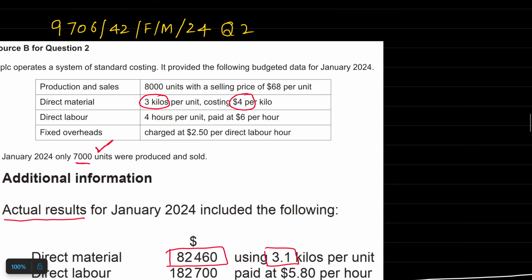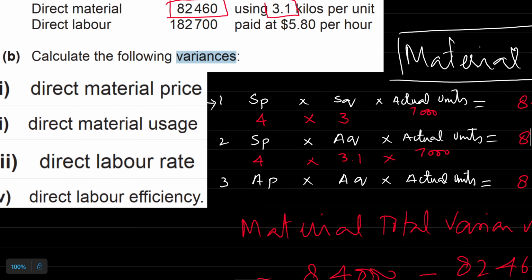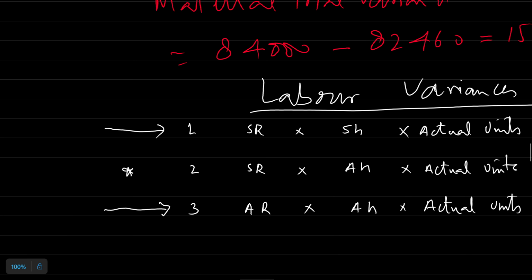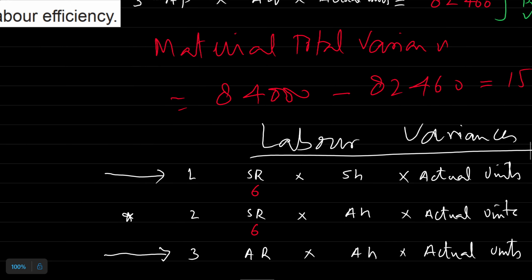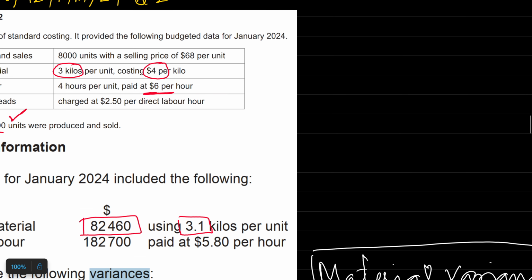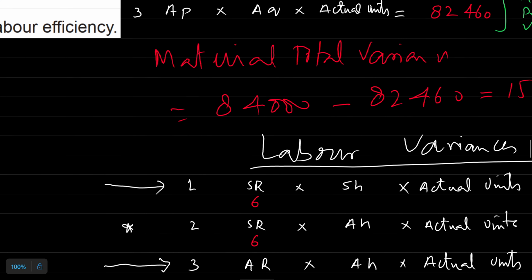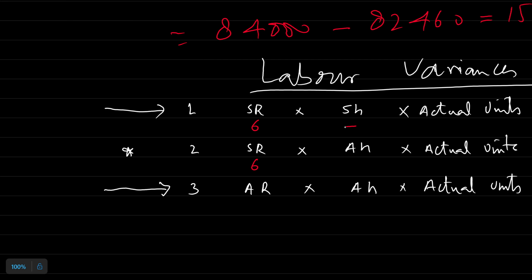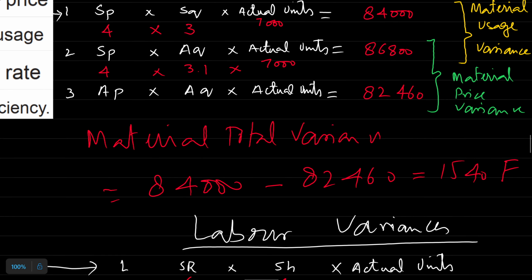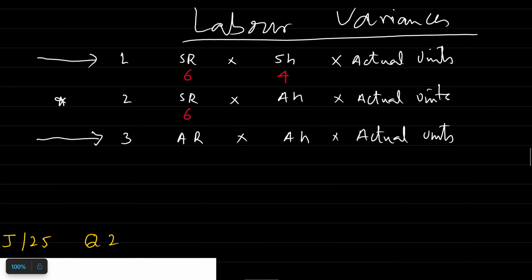Now students, standard rate is 6 per hour. We will write here 6. Standard hours to complete one unit is 4, while actual units produced were 7,000.